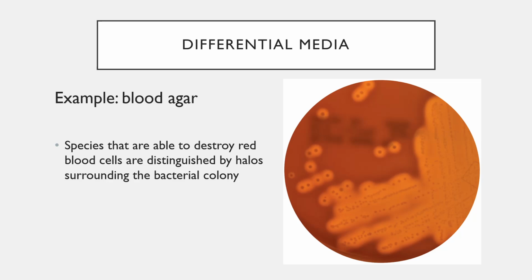Both species that can and cannot destroy red blood cells will grow on this plate, but only the ones that can consume red blood cells will present with a halo around the outside of the growth. So in this sense, blood agar is a differential media that allows you to differentiate between two different types of bacteria.